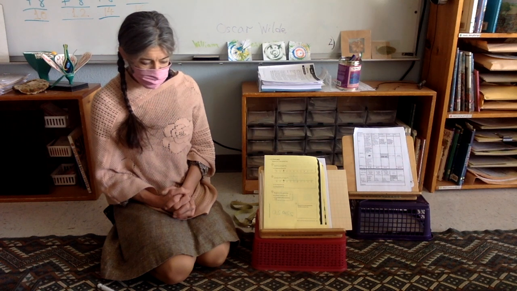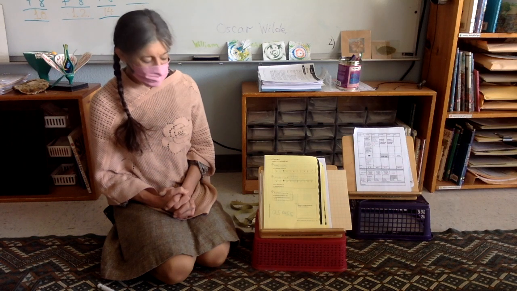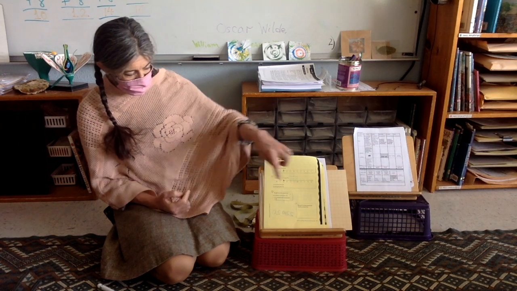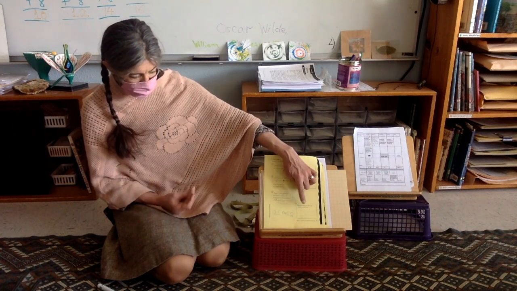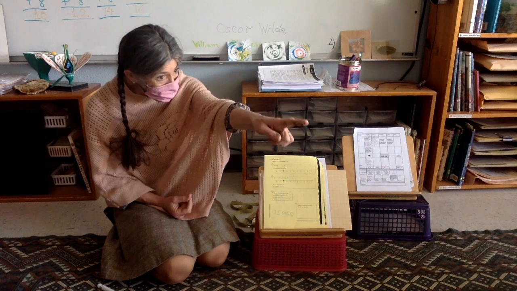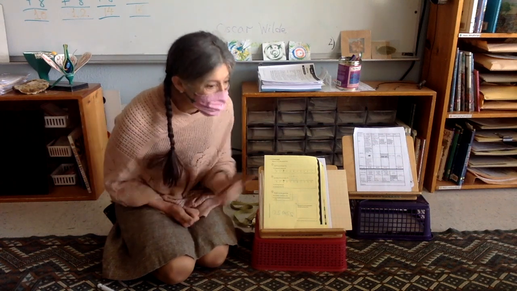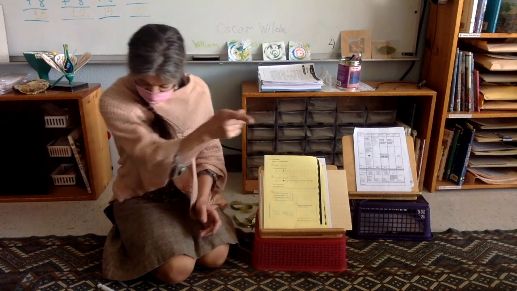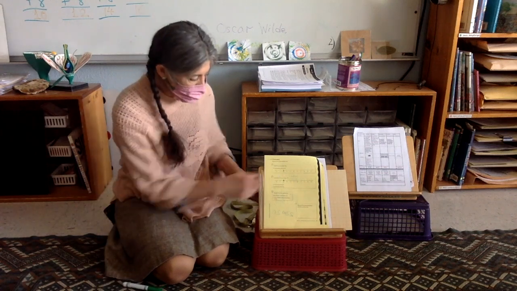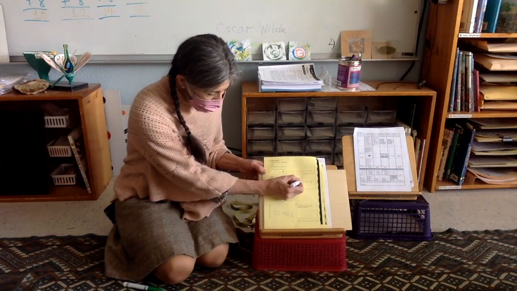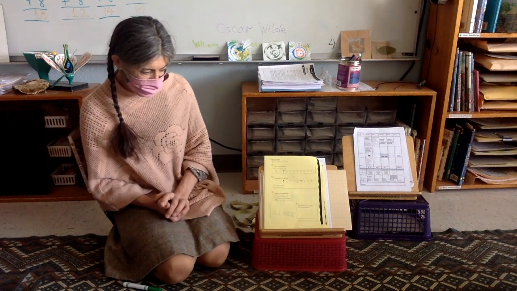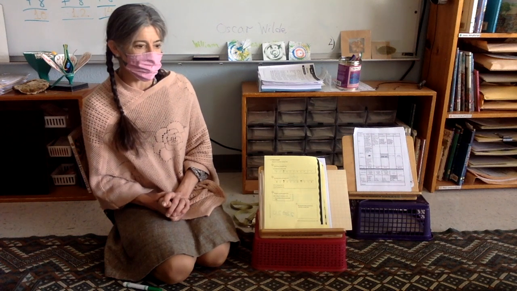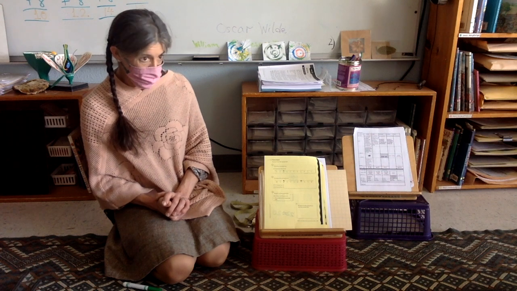Read it again, all of you. 27? Point. Show me with your finger on yours. Where is it? Yes, she got it. So guys, the blob has to go on the 27 on the number line, because it said round 27 to the nearest 10.